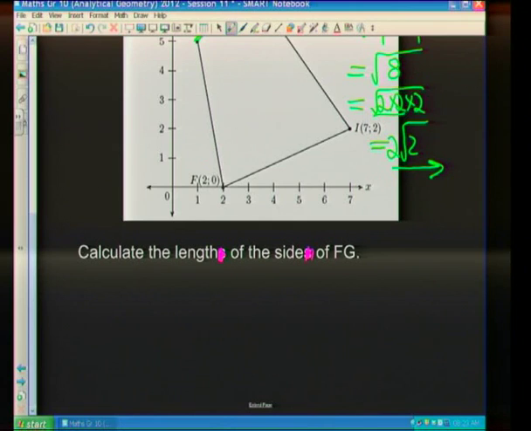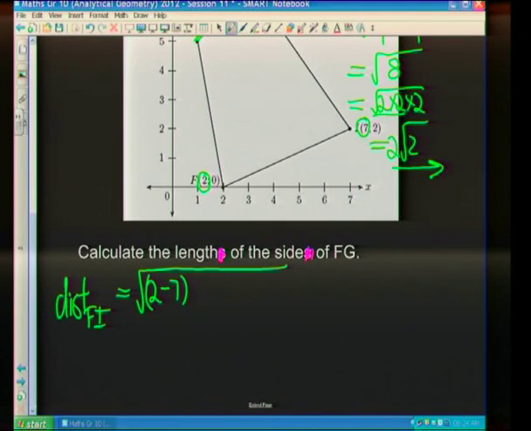Let's also try and do the length of FI. So I'm going to say the distance of FI equals. Substitute straight away 2 minus 7 squared plus 0 minus 2 squared.